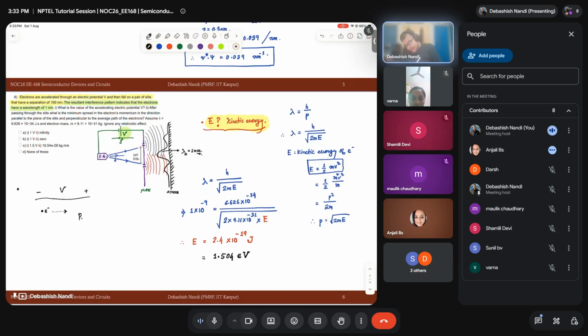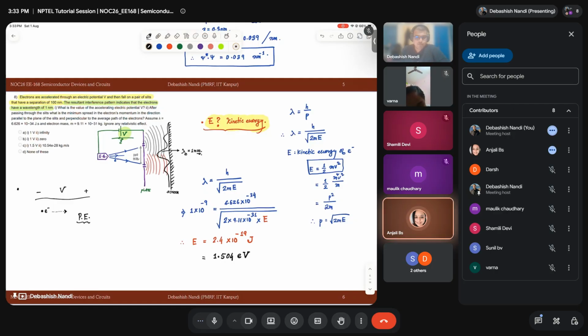It will have potential energy, right? In potential we have some charge. Then the question is, how does this potential energy get converted to kinetic energy? The electrons are accelerating, so this potential is converting to kinetic.